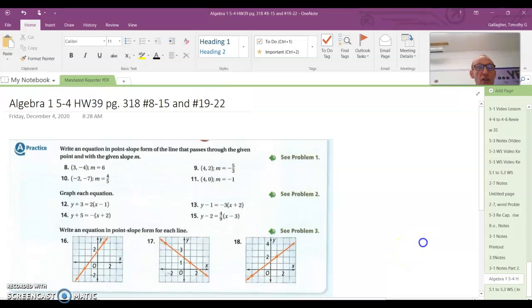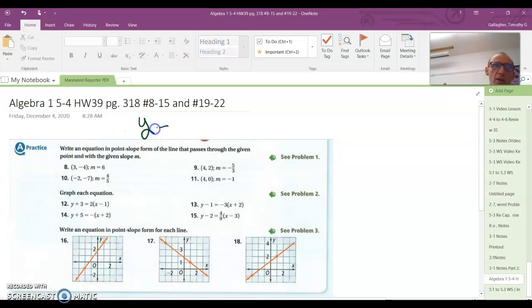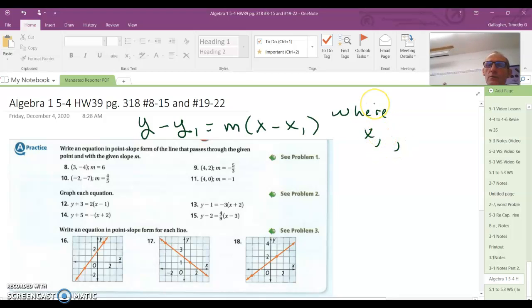So write an equation in point-slope form. Now the main formula for this is y minus y1 is equal to m times x minus x1, where (x1, y1) is the point that the line goes through, and m equals the slope.